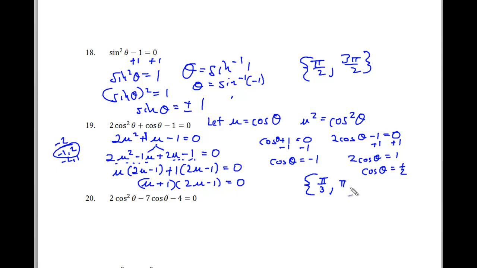And then back again at positive 1/2, 5 pi over 3 is going to give me my other value where my cosine is equal to 1/2. So I have 3 solutions to this problem thanks to factoring. And for those of you who may not have remembered the tricky factoring, problem number 20 is going to help jog our memory again.